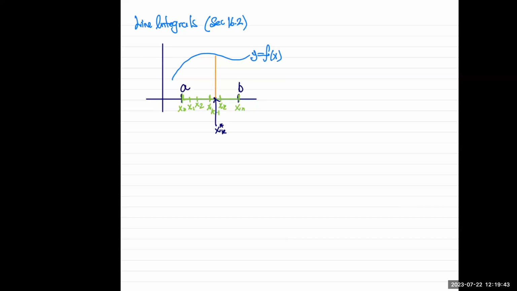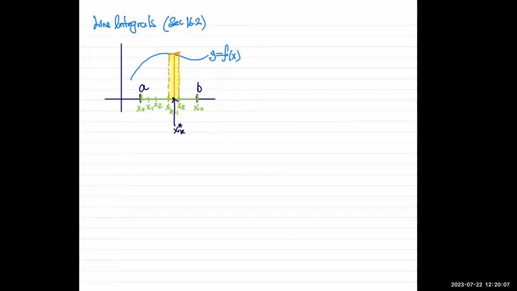Okay, and then we use that as the height for this kth rectangle over that subinterval. So here's that kth rectangle, and the area of that kth rectangle was f of x sub k star.